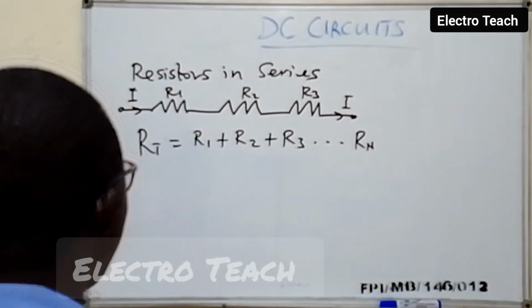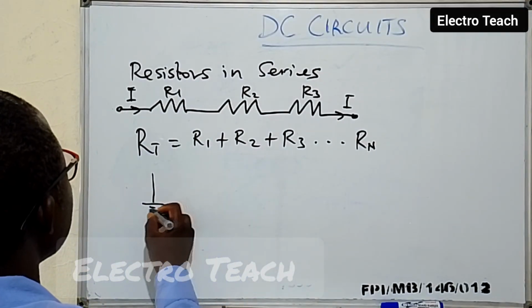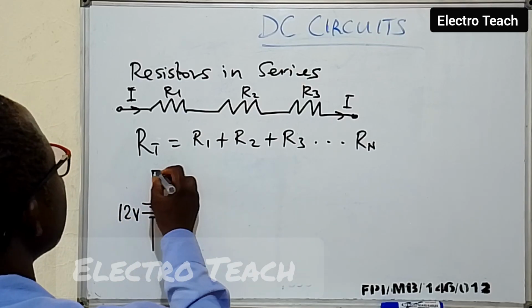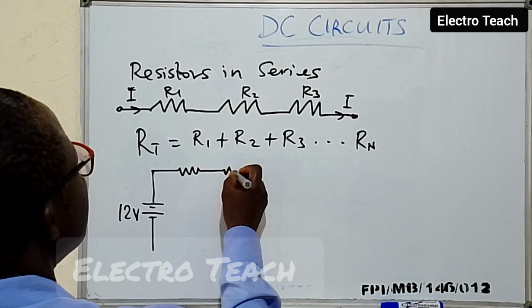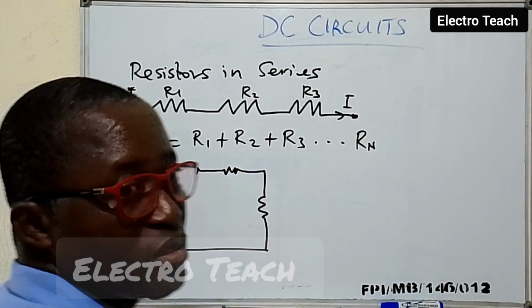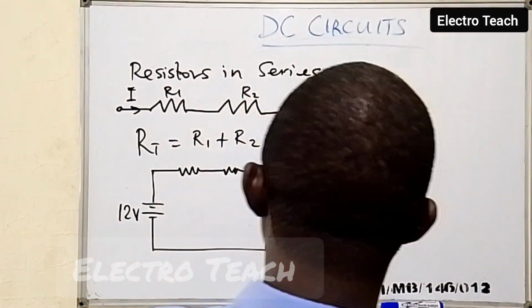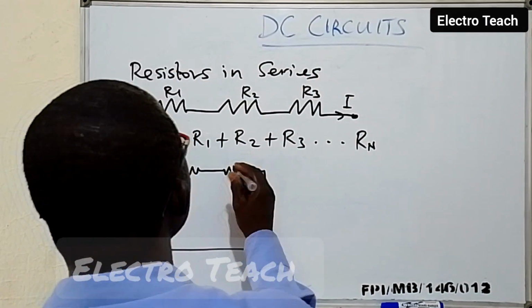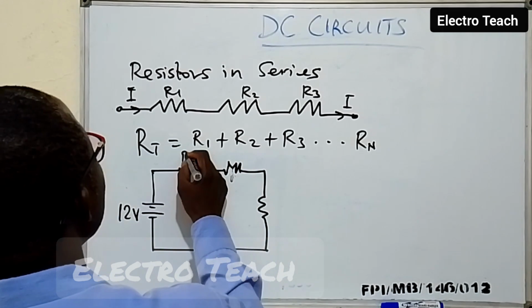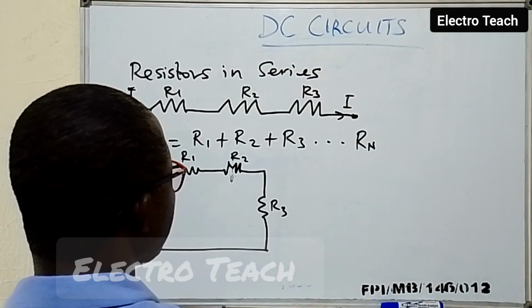So for instance, if you have a circuit like this, we have resistors connected in this way: R1, R2, R3.